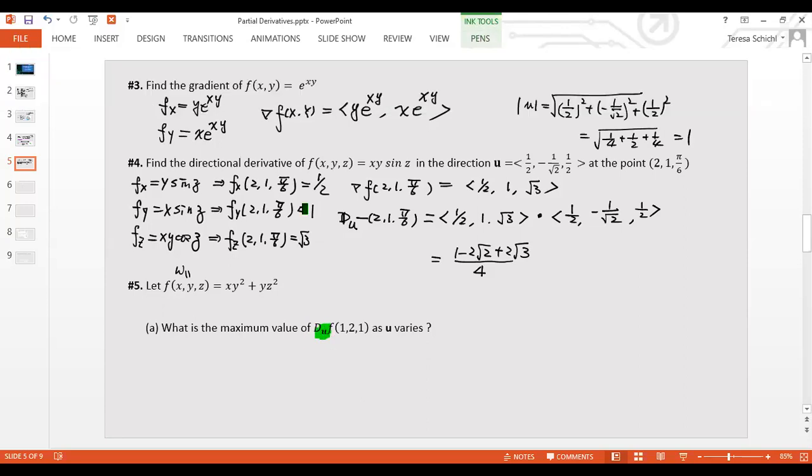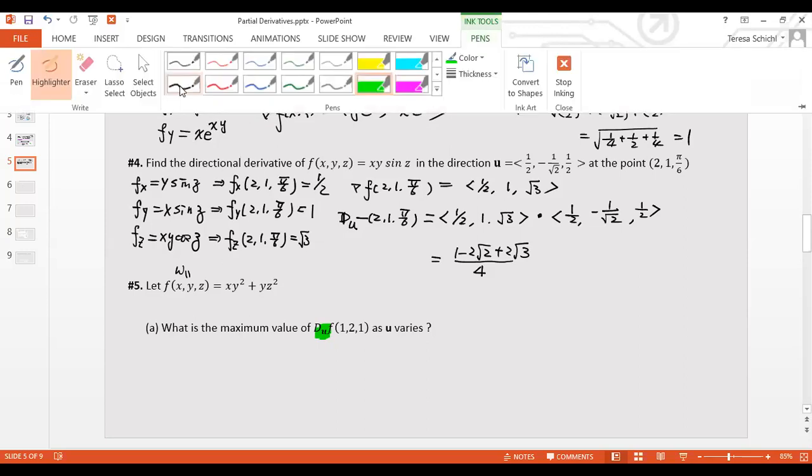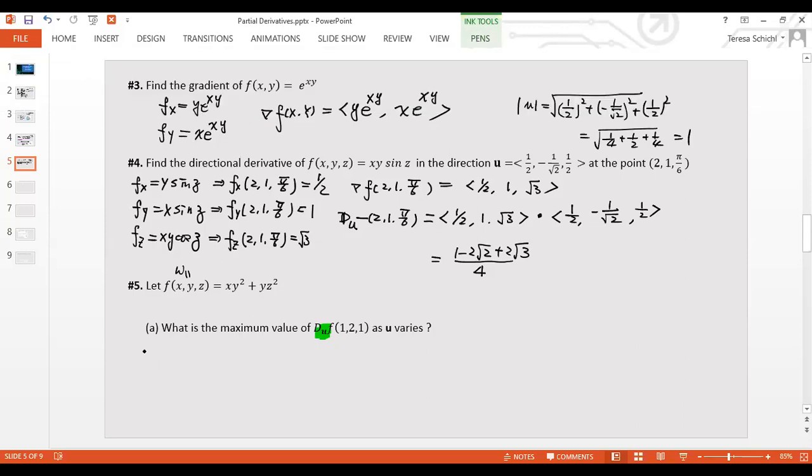So we know the maximum value we just derived. So what is the maximum value of D_u f at (1, 2, 1)? We say this max has to be the length of del f at (1, 2, 1), correct? Because del f and u have to be in the same direction.